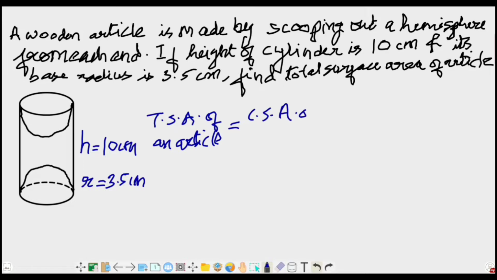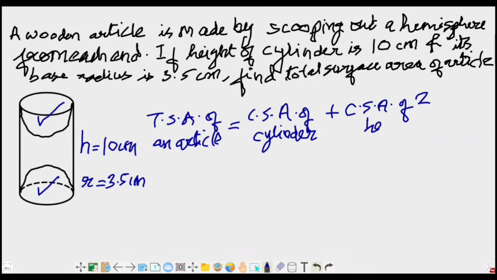So it is the CSA of the cylinder plus the upper hemisphere curved part and the lower hemisphere curved part, so the CSA of two hemispheres, which you have scooped out from each end.